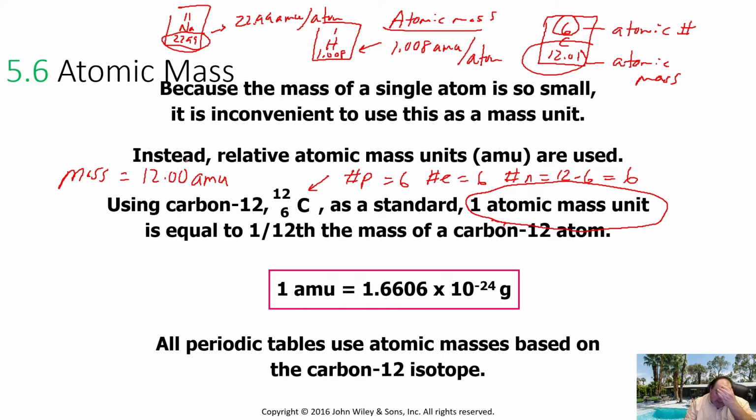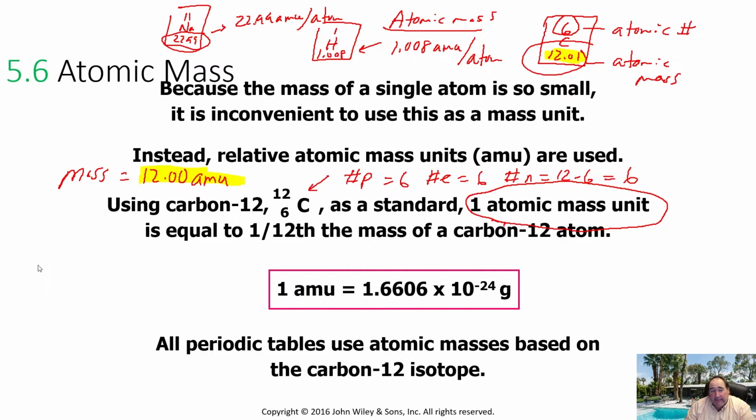Now, you may be thinking to yourself, well, if they use the carbon 12 isotope as the standard to compare everybody to, and the carbon 12 isotope has a mass of exactly 12 AMU, why oh why, when I look at the periodic table and take a peek at carbon, I don't see 12.00 even.